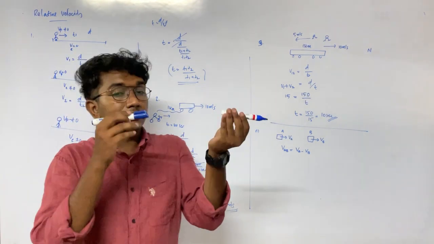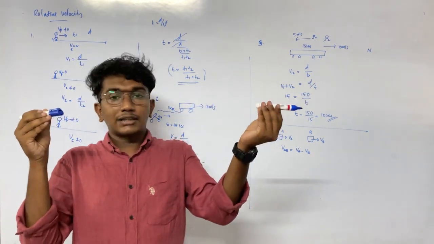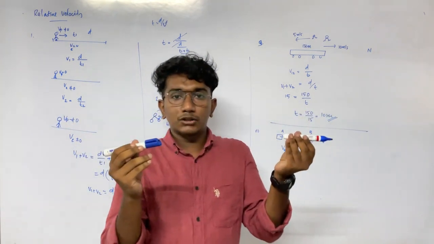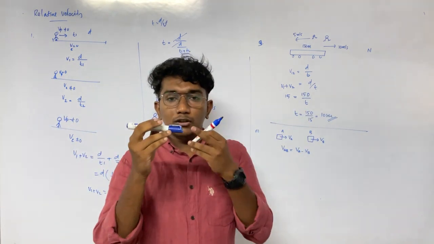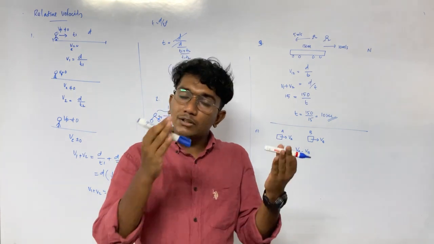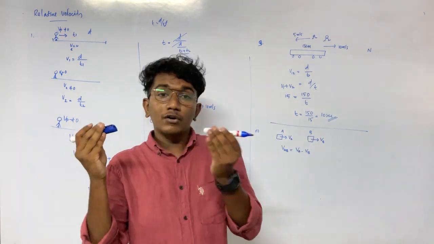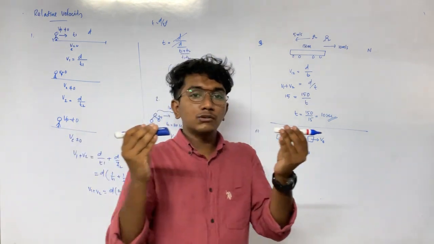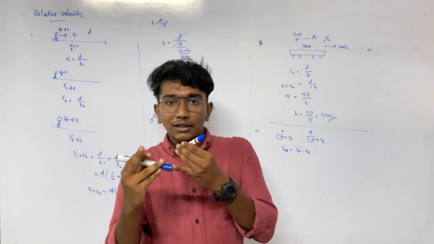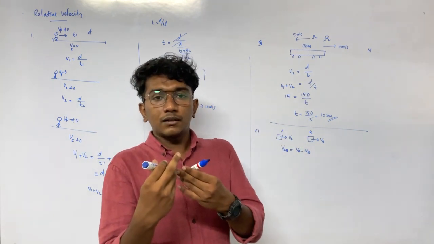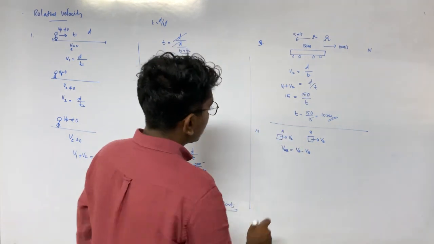If both bodies are moving in this direction, what is the relative velocity? Velocity of one body with respect to the other body. It will always be VA minus VB, because one body's velocity with respect to the other will be this one's minus this one. You got it? Okay.